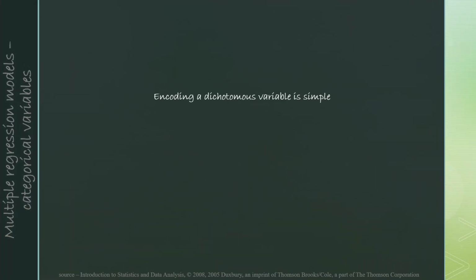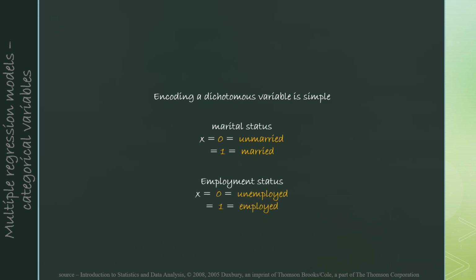Encoding a dichotomous variable is simple. For example, categorical variable marital status X can be encoded as 0 for unmarried and 1 for married. Similarly, employment status X can be encoded as 0 for unemployed and 1 for employed.